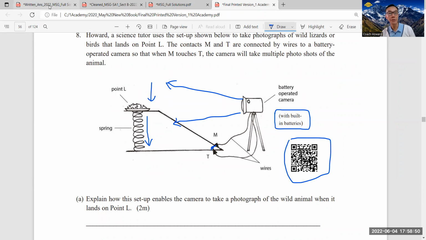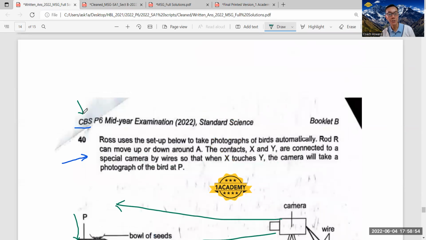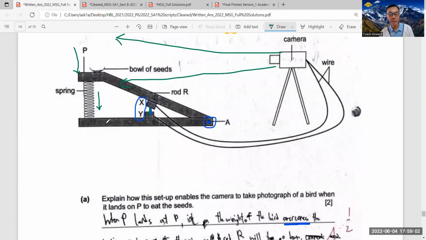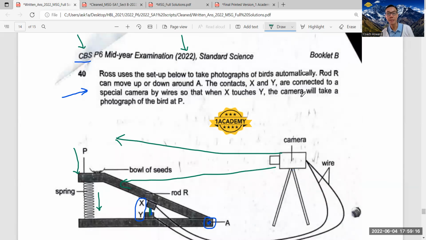So coming back to this question, which appears in the Christian Brothers School paper this year. It's actually from St. Stephen's in the Marine Parade area. So look at the student answer. He got half a mark deducted because he left out this part.